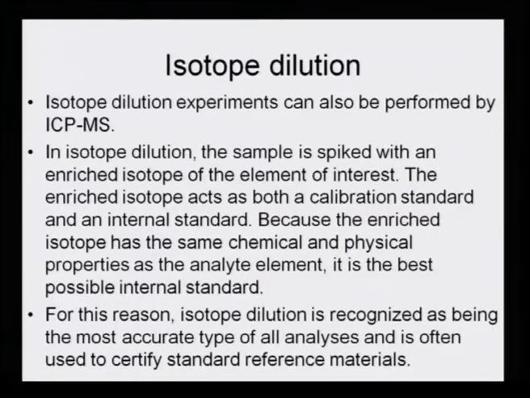For this reason, isotope dilution is recognized as the most accurate type of all analysis and is often used to certify standard reference materials. So, this is also another very useful methodology where isotope dilutions are possible.